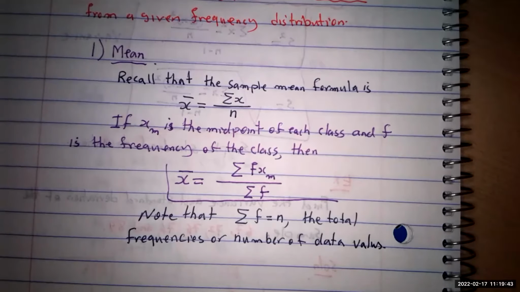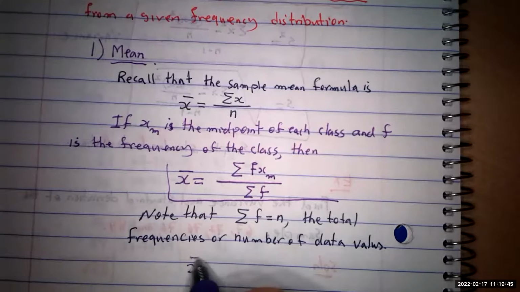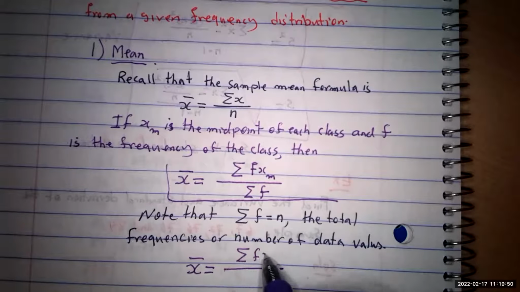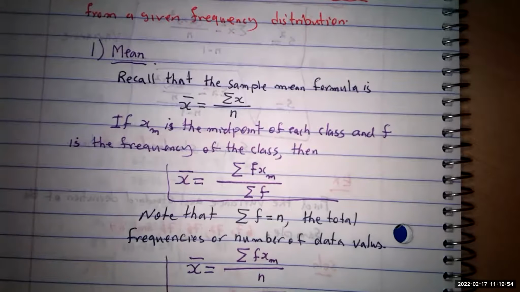So you can write down in this format too. X bar is going to be sigma of F times XM divided by N. So that gives you the mean.